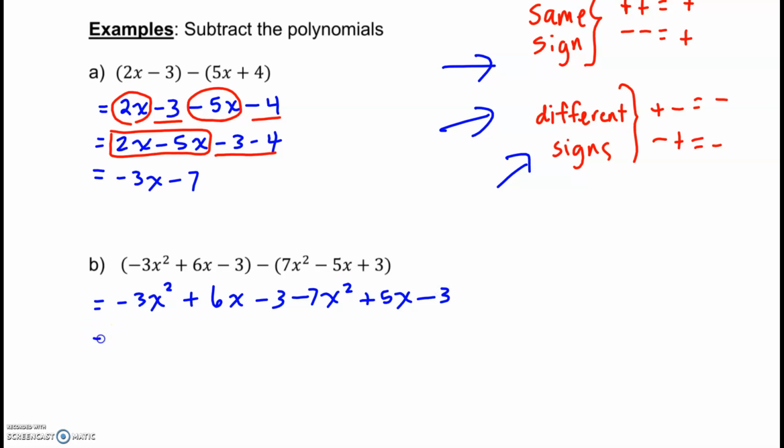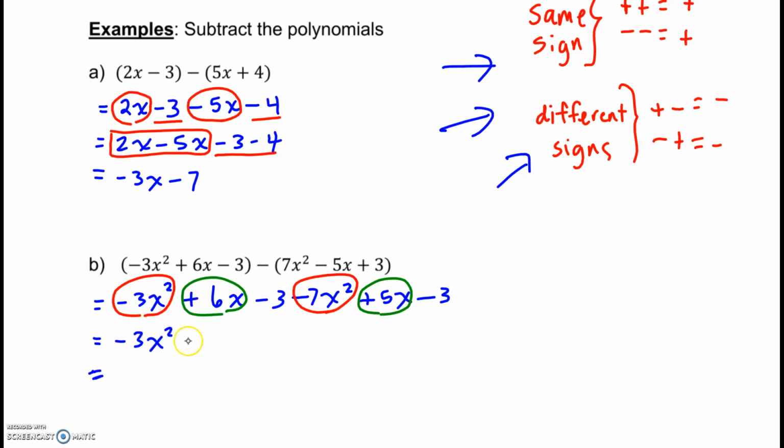Okay, and from here it should be smooth sailing. So you might even want to pause the video and finish this question off on your own and then come back and see if you have the same as me. So like terms, -3x squared and -7x squared are like terms. 6x and 5x are like terms, and then I have my constants. So let's write them down.